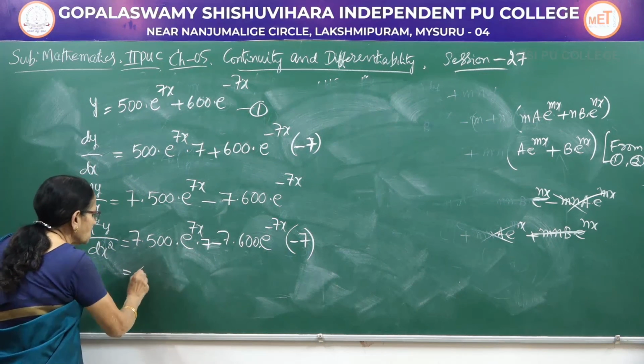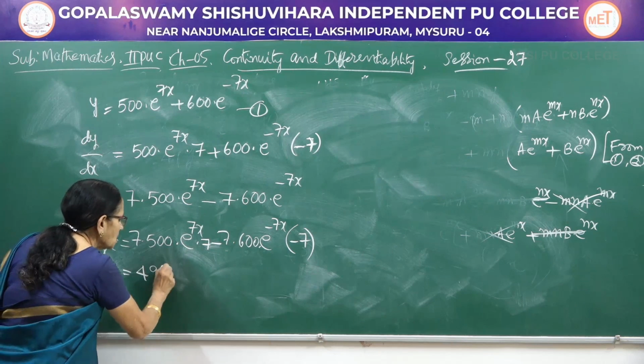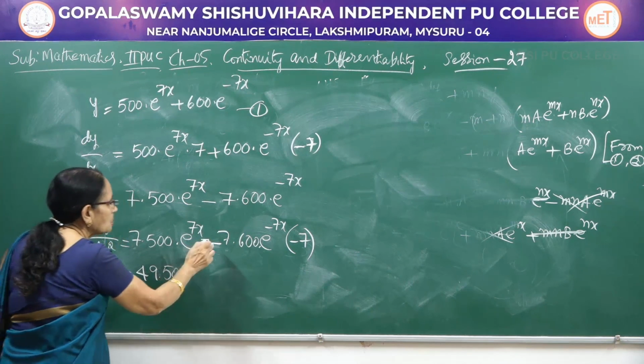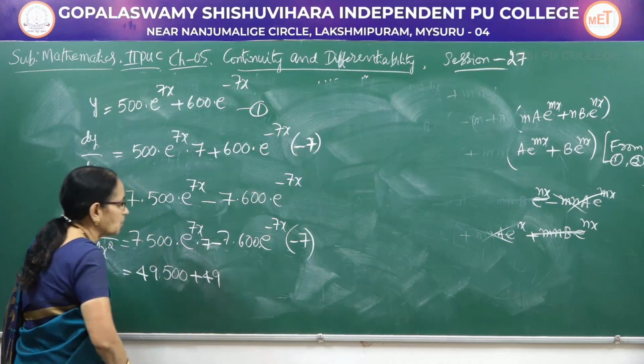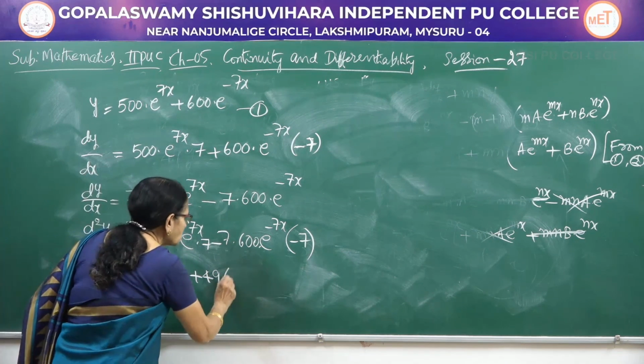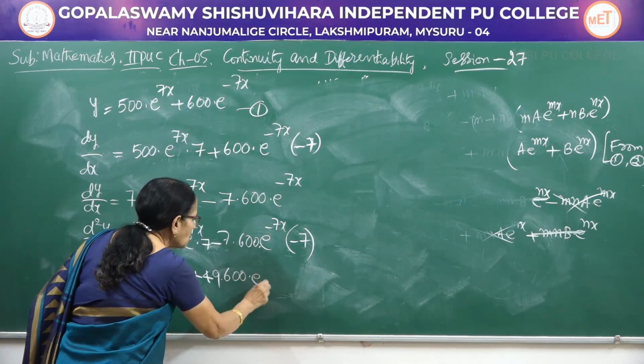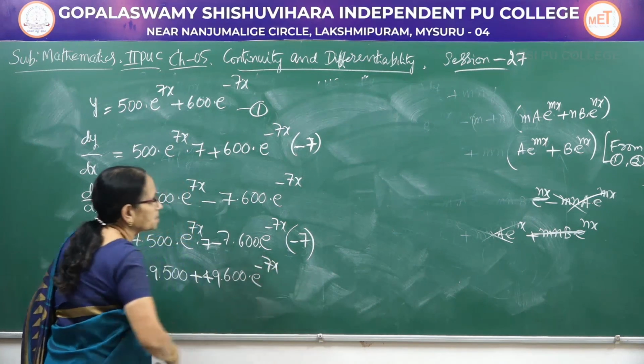Now, 7 into 7, it is 49 into 500. Minus 7 into minus 7, it is again 49, plus 49 into 600 into e to the power minus 7x.